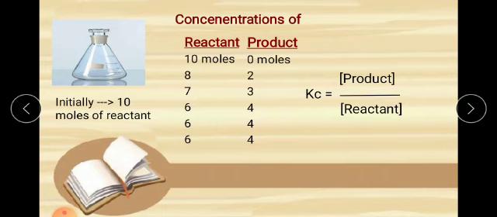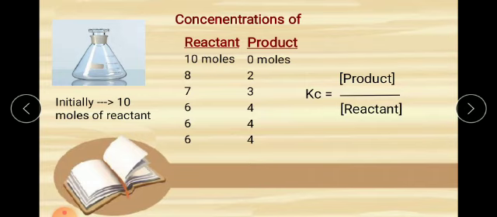So, this means that product concentration is kept constant. Product concentration is not increasing. This is the actual concentration of product at equilibrium. We started from 10 moles of reactant and at equilibrium we find the concentration of reactant is 6 moles and the concentration of product is 4 moles.